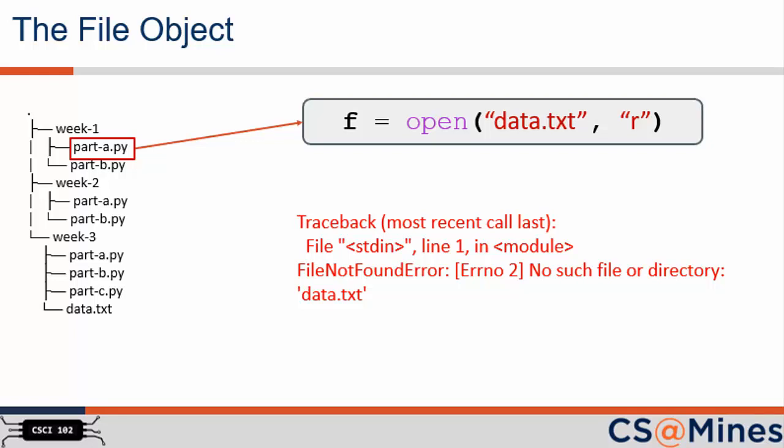In this case, Python is telling us that it cannot locate and open the file data.txt because, as shown, our current working directory, that is week 1, does not contain the file data.txt. Instead, that file is actually in the week 3 directory. We need to either move this file to the week 1 directory, or we need to provide a path, relative or absolute, to the file from the week 1 directory to the week 3 directory.